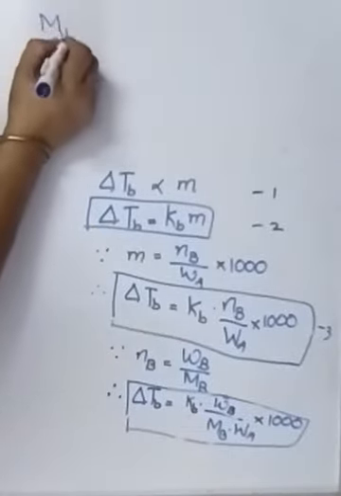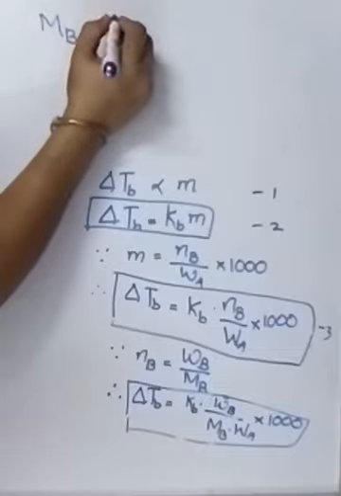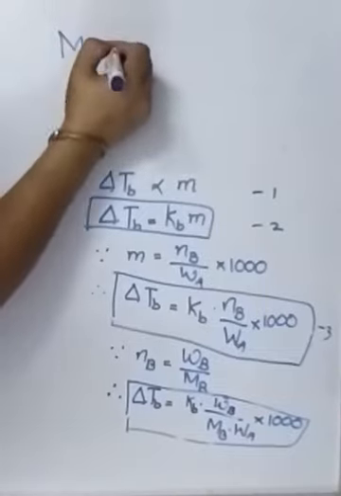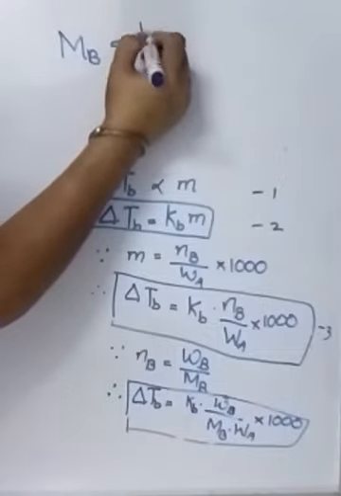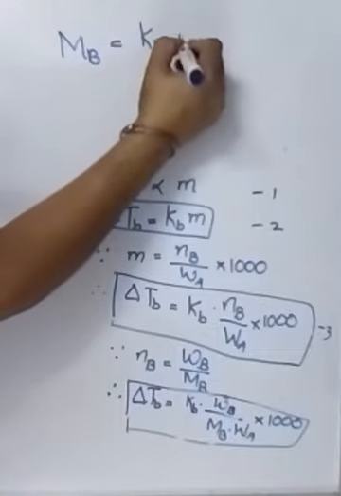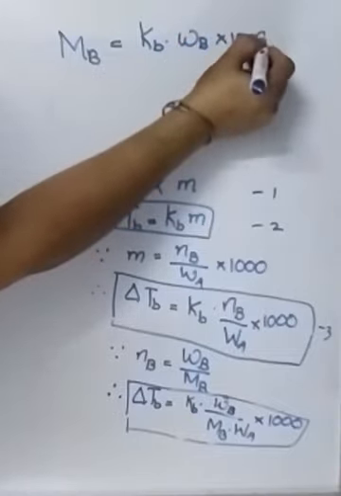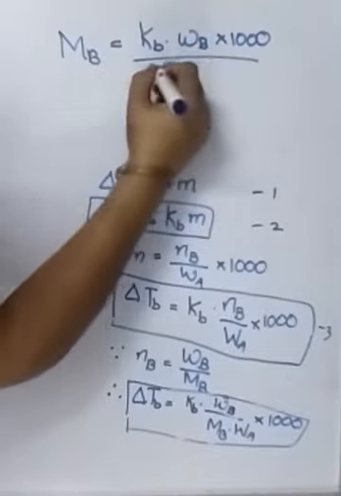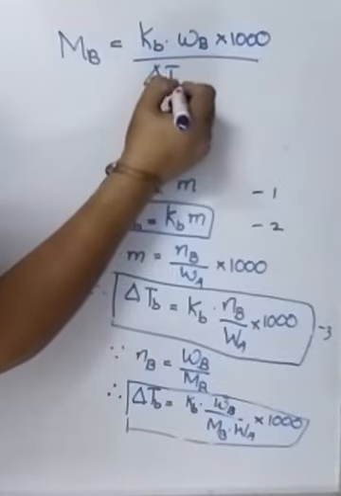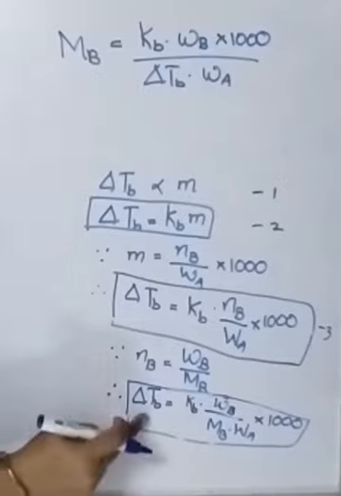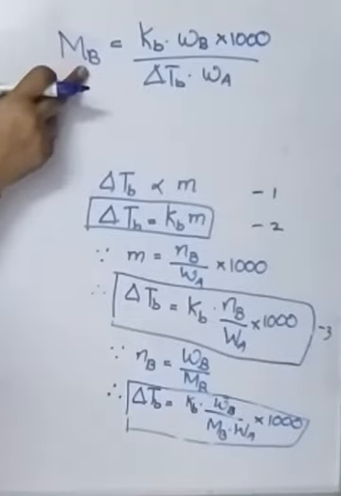Mb equals Kb Wb into 1000 upon del Tb into Wa. If we remember this expression, we can find it.